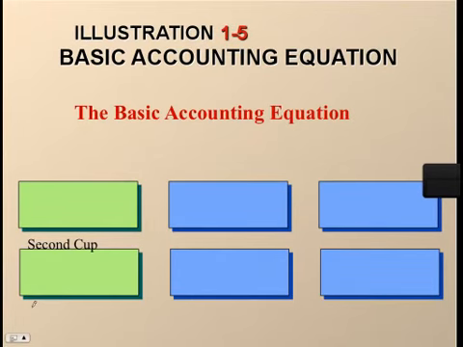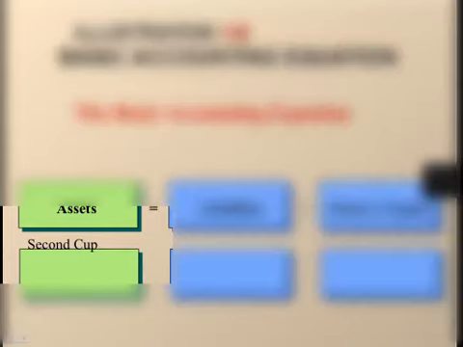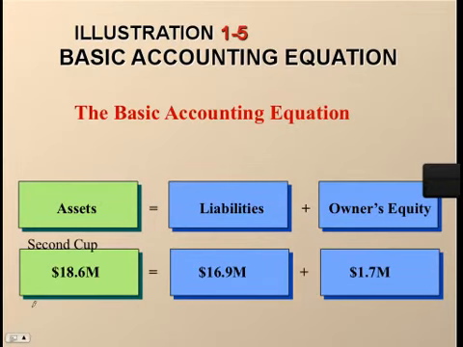The basic accounting equation, as you know right off the bat from grade 11, is assets equals liabilities plus owner's equity. In our textbook that we will be using and getting some problems from, they always use the company Second Cup as their example. On Second Cup's annual report, which we'll be talking about more in this course as well, they have $18.6 million in assets and $16.9 million in liabilities.